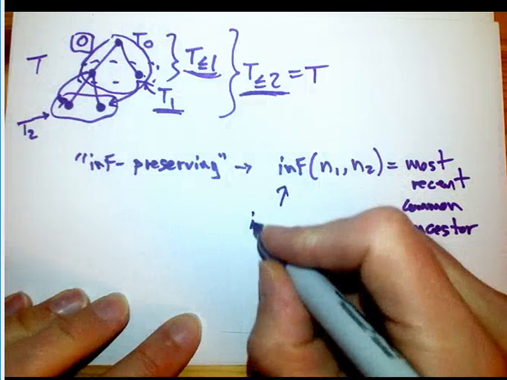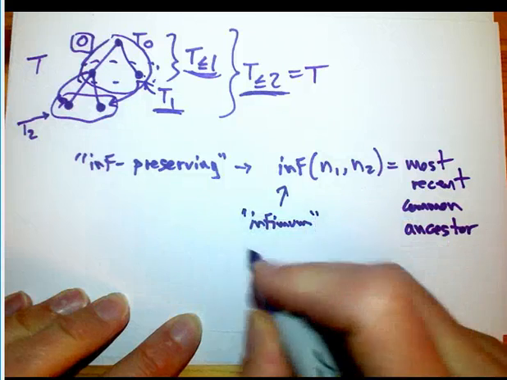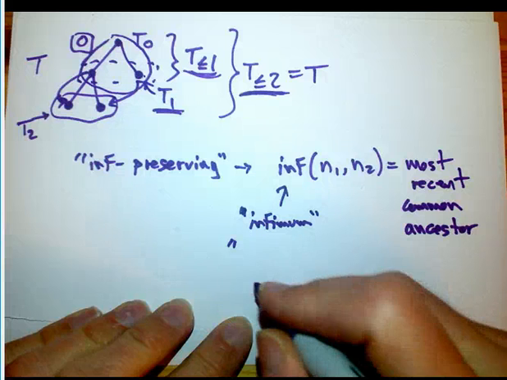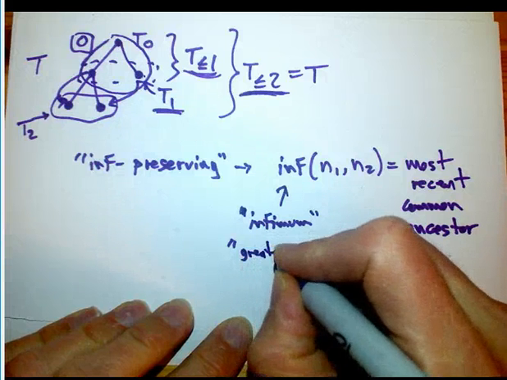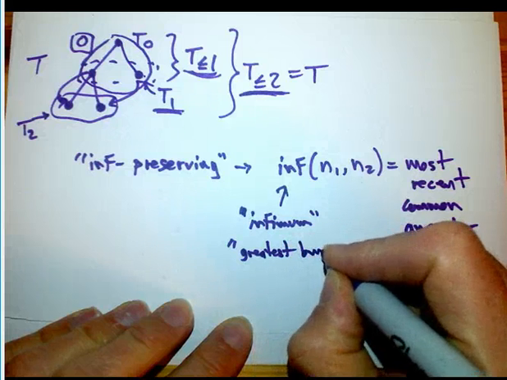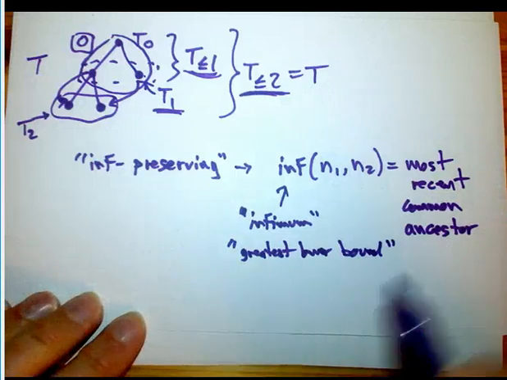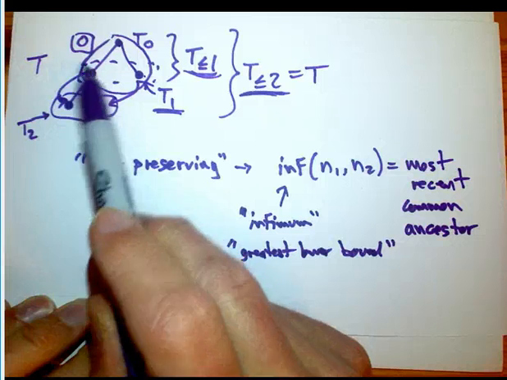This is short for the Latin infimum, which is a synonym, if you've ever taken a basic real analysis class, which I'm not assuming, for the greatest lower bound. The way you think about that is there's an ordering on these things, that this is less than this is less than this.